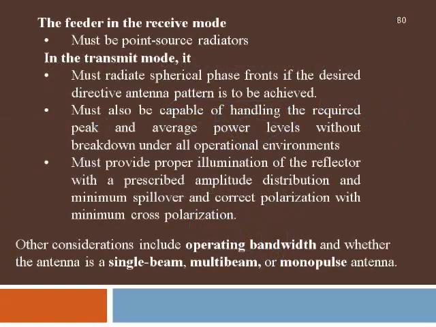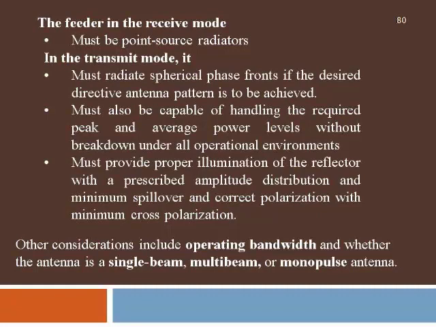The feeder in the receiver mode must be a point source radiator. In the transmit mode, it must radiate spherical phase fronts if the desired directive antenna pattern is to be achieved. It must also be capable of handling the required peak and average power levels without breakdown under all operating environments.